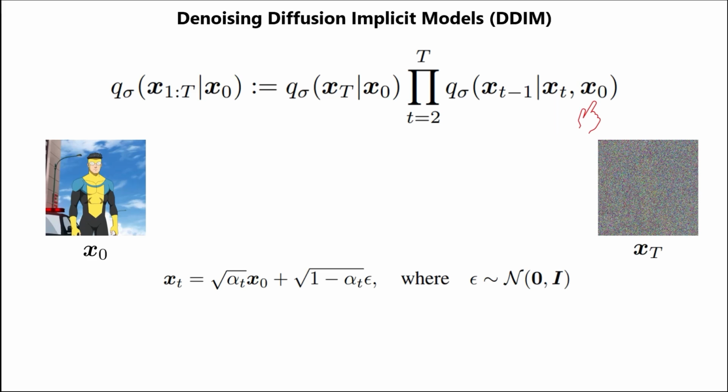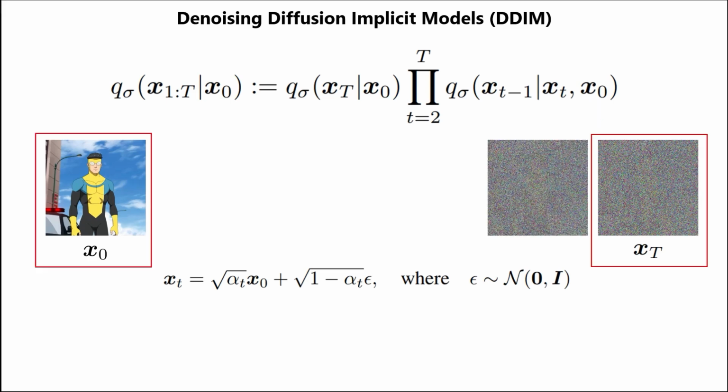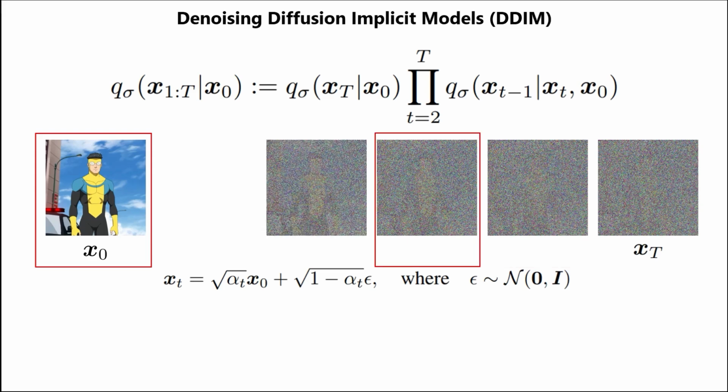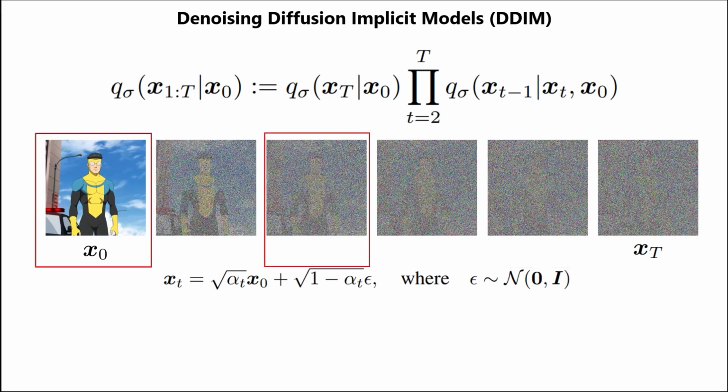To visually see what I mean, we can achieve xt minus 1 given xt and x0. And likewise, we can achieve xt minus 2 given xt minus 1 and x0. And we can do it until we get all the marginals.